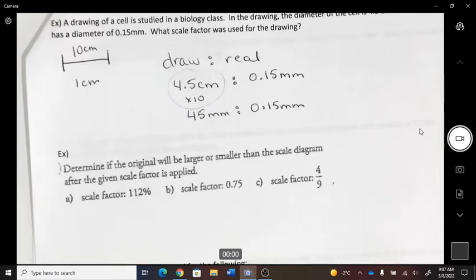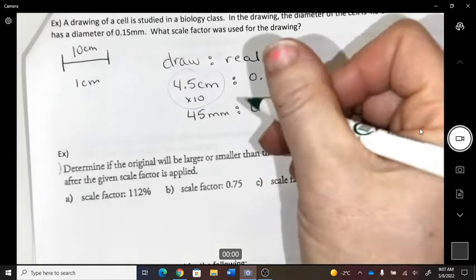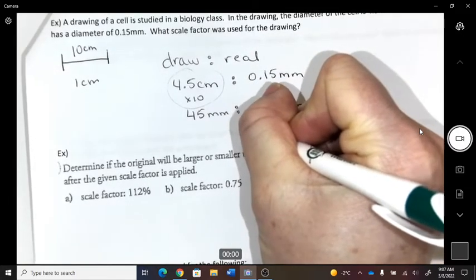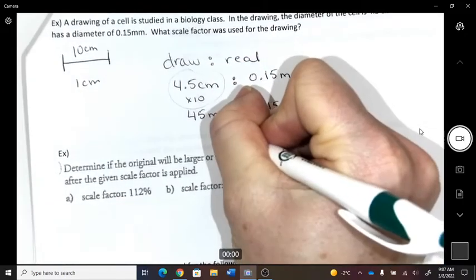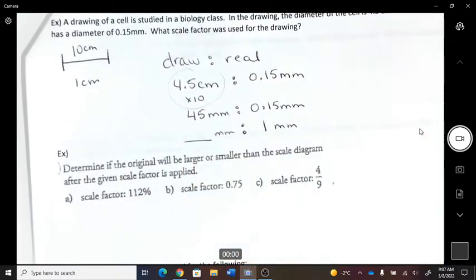Okay, when we write ratios, it's nice to have one of the sides with a 1. So I'm going to pick the smaller side to be a 1. So what does this ratio become?